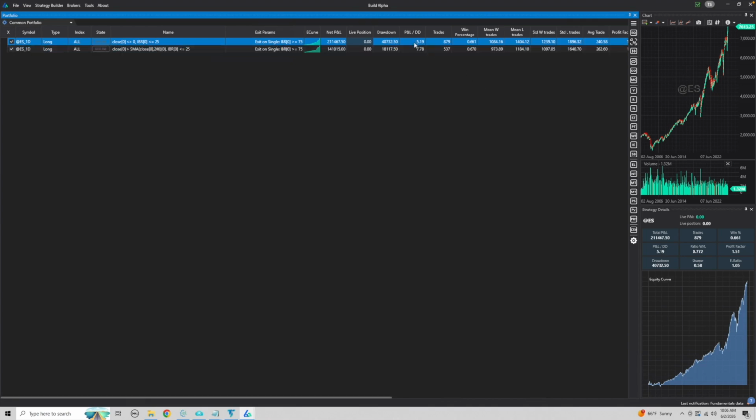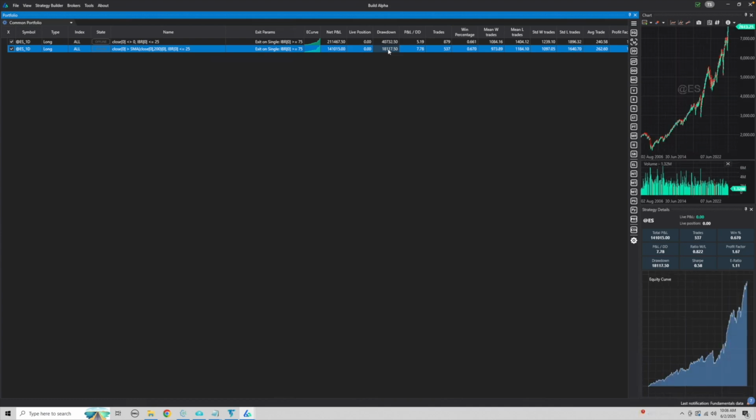And you can see that too here just by looking at these next to each other. So we did exactly what we wanted to do. We wanted to limit some of that drawdown, and we can see here in the drawdown, the original system was about $40,000, and the one down here with our regime filter is about $18,000.